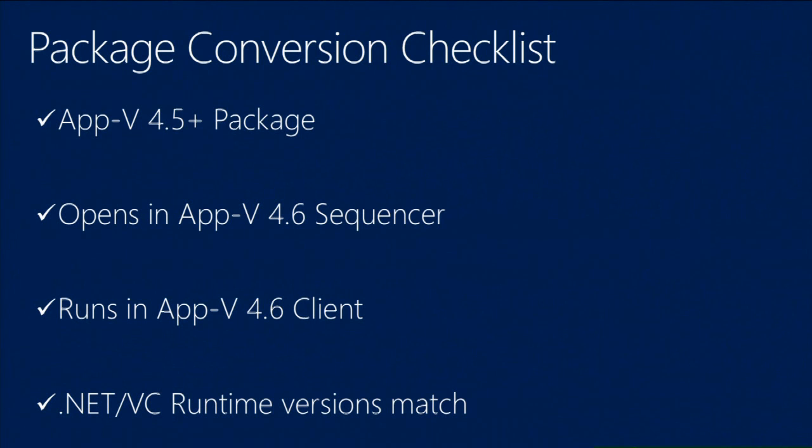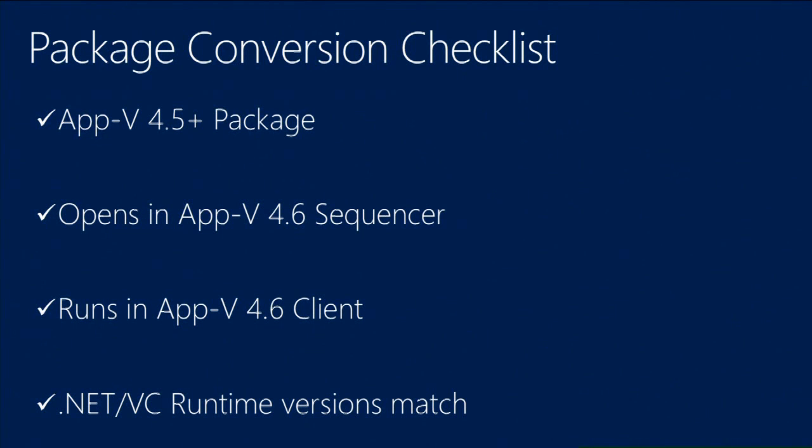So it's got to be a 4.5 and beyond package. You have to be able to open it up in the 4.6 sequencer and run it on the 4.6 client. So if your package doesn't meet these requirements, then it's not going to work with the converter. There are also, in 5.0, we don't support 16-bit applications.